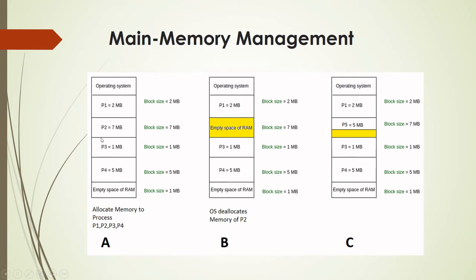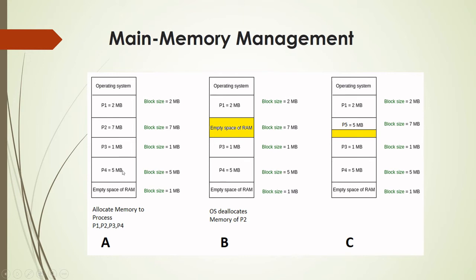Similarly, when P3 comes in, the operating system already has the information about P1, P2 and the operating system itself. So P3 will be given a free space. And similarly it happens with P4, and the rest of the part will be the empty space in the main memory. So this is step 1. You can see all the processes are of different size, 2 MB, 7 MB, 1 MB, 5 MB.